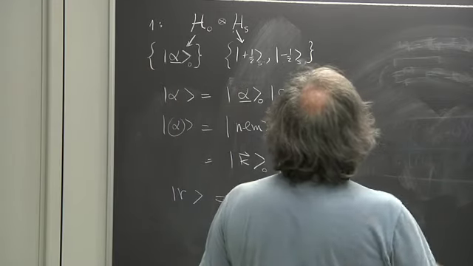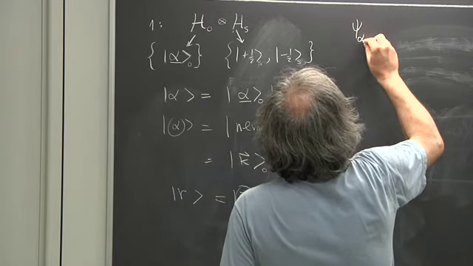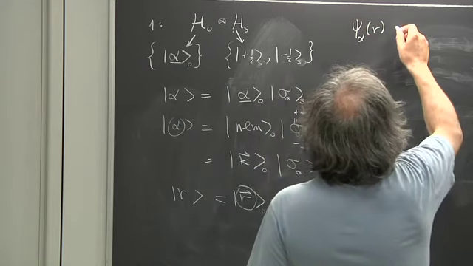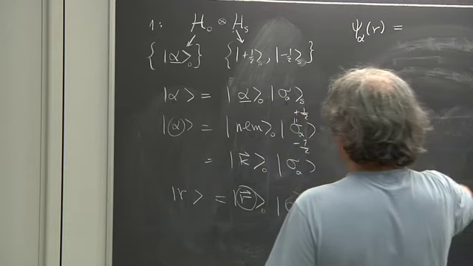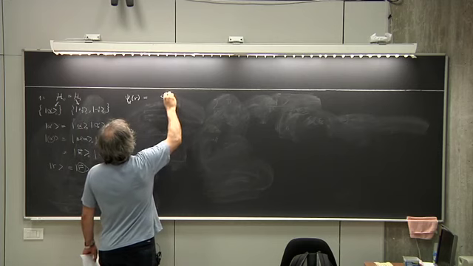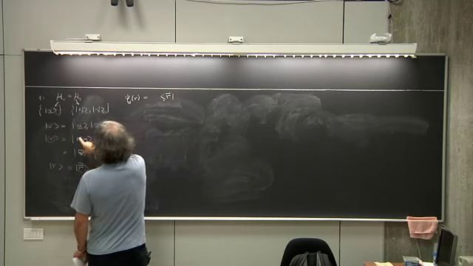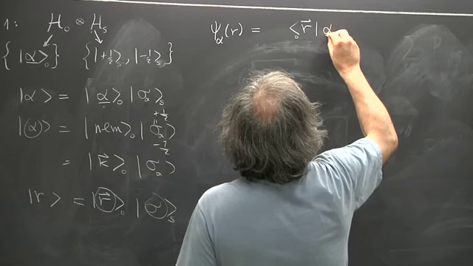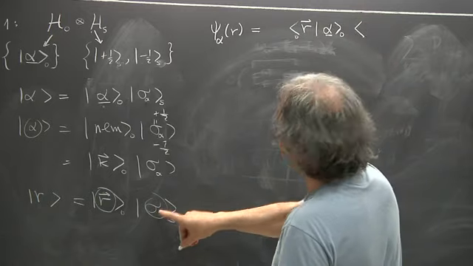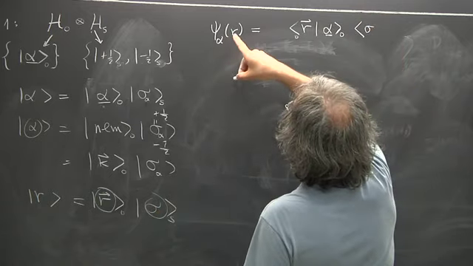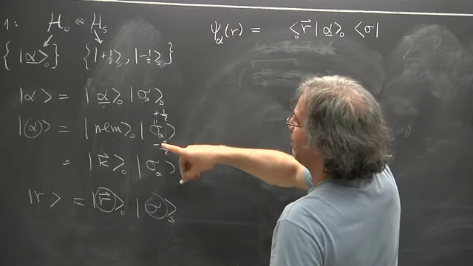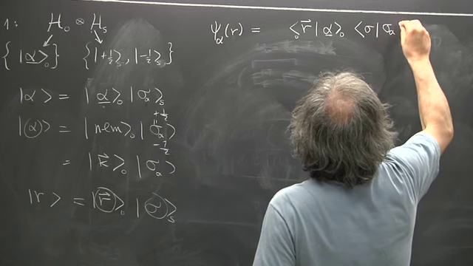With that, when I indicate psi alpha of r without arrows, what I mean is the following. I mean essentially the overlap between the orbital part of r and the orbital part of alpha, and the spin part of r, whatever the sigma is that you have there, and the spin part sigma alpha.